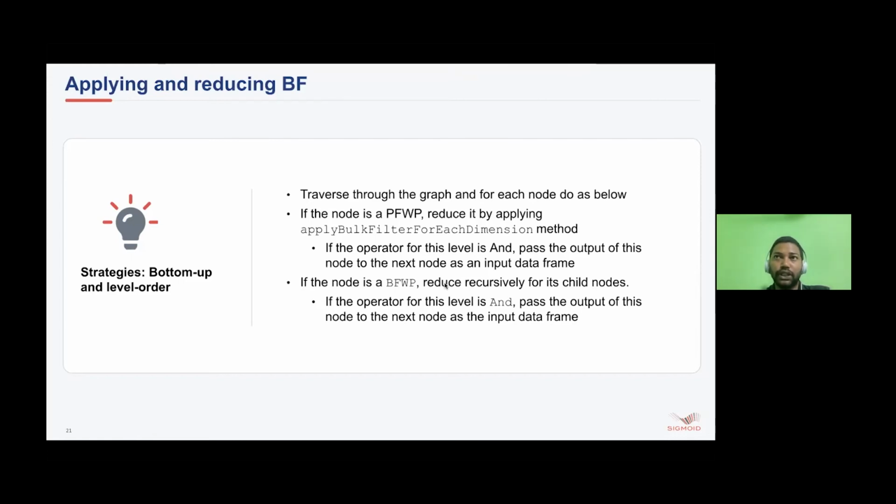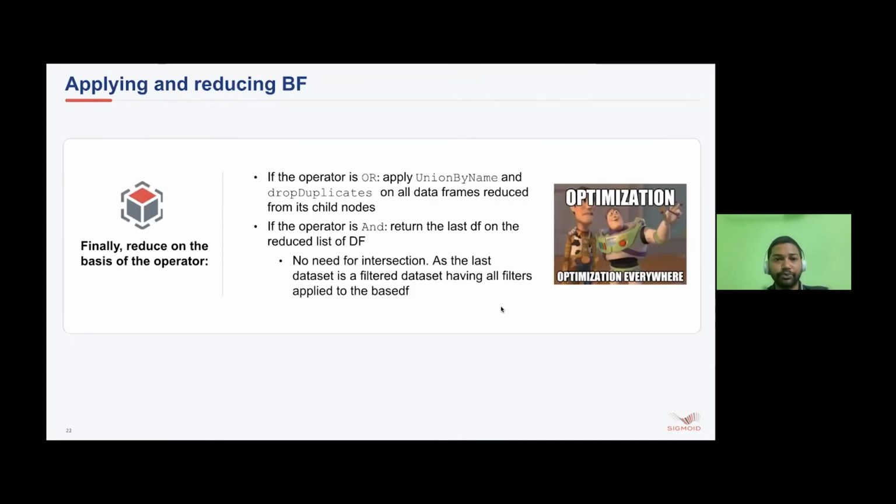We'll reduce it and we'll reach onto this first point. So if the operator is AND, we will pass the output of that node to the next node as an input data frame. If the operator is OR, we have to do union by name, and then drop duplicates on all data frames.